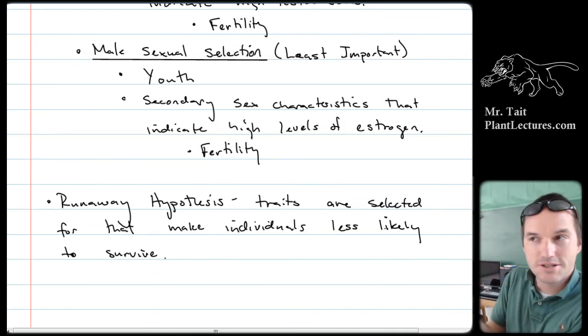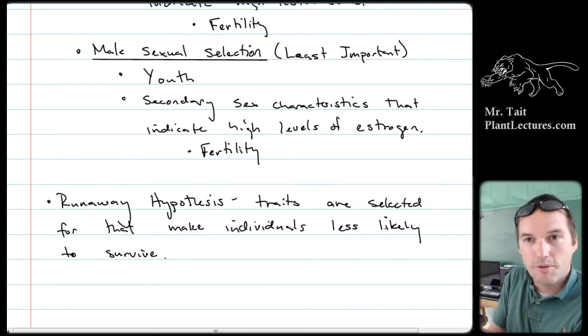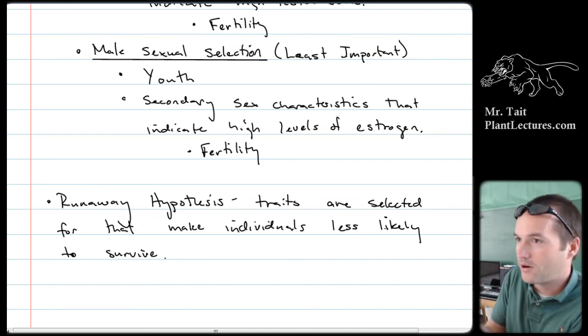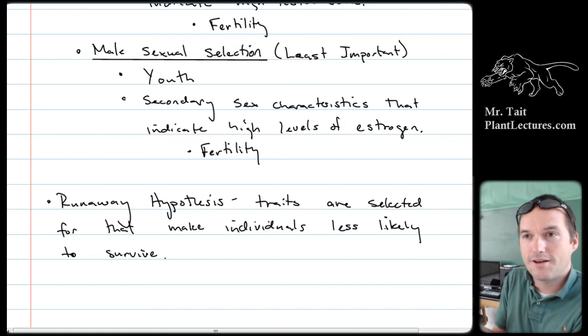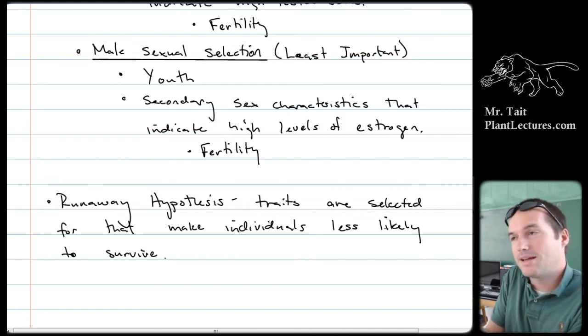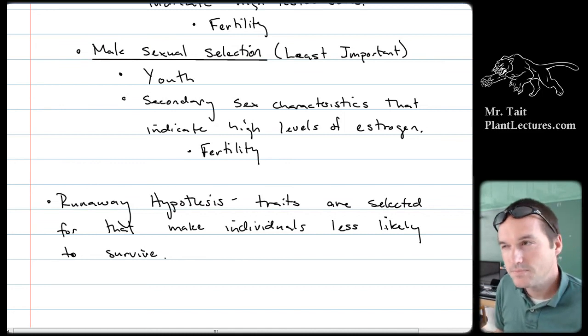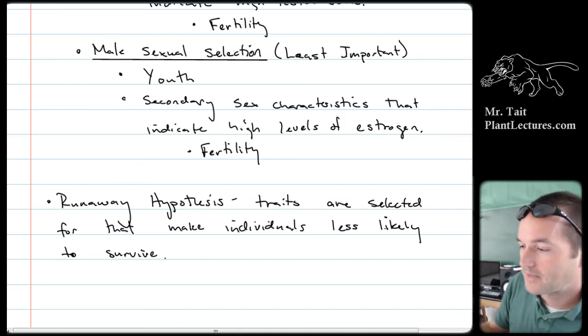And so this kind of just is a runaway, right? It's a runaway hypothesis that it keeps getting worse and worse until it gets to the breaking point where they can't maintain a high enough level of survivability to have that trait get any larger. Make sense? All right, that's it.